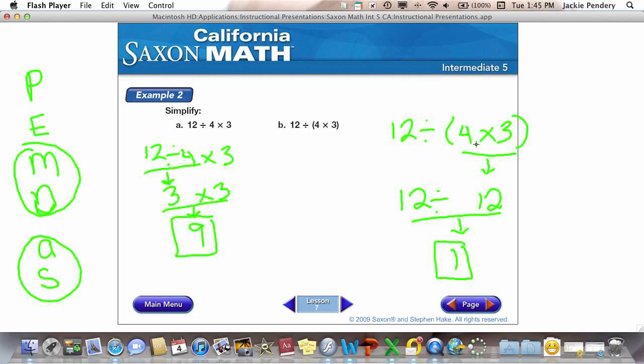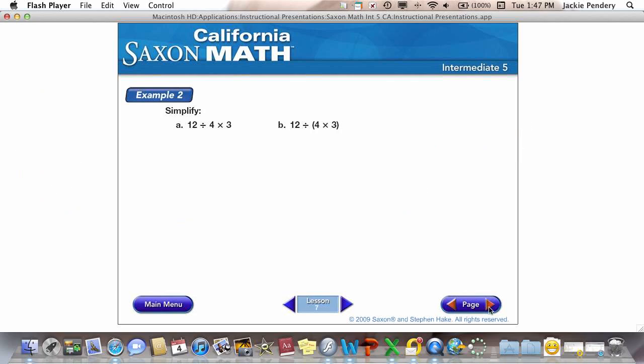So again, these are both correct answers, the 9 and the 1, but you have to be careful to watch for those parentheses. You have to do what's in parentheses first. Okay, let's look at example number 3.